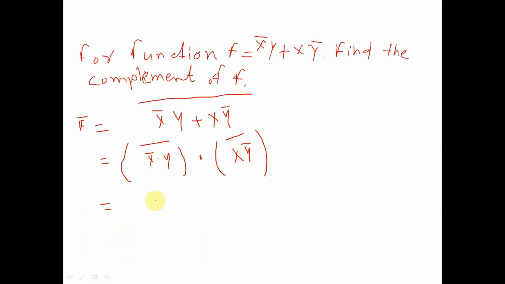Now again I am applying De Morgan's theorem: x double bar, plus y double bar. Why am I taking this? This is the multiplication sign, so this multiplication sign is converted into an addition sign by using De Morgan's theorem. Again y bar, and here the dot as it is, and this one is x bar plus y double bar.